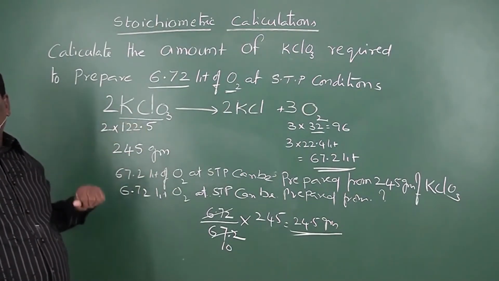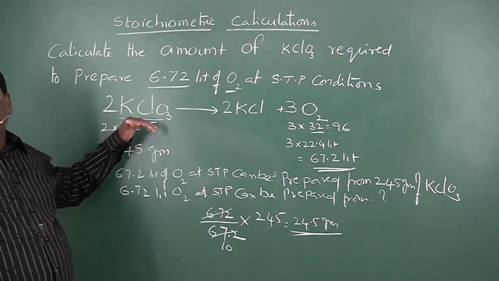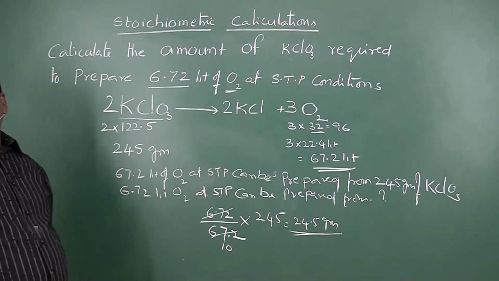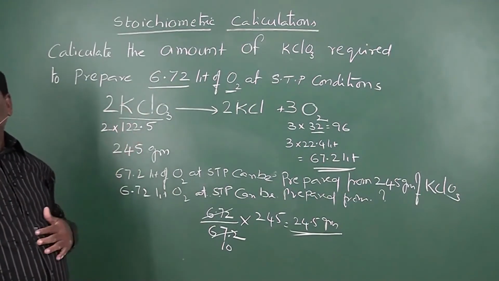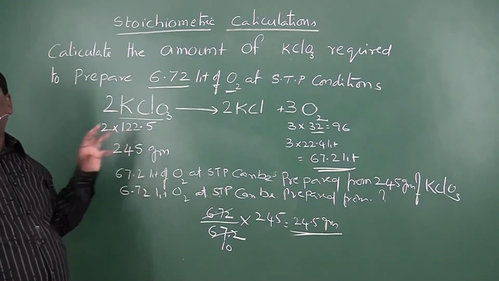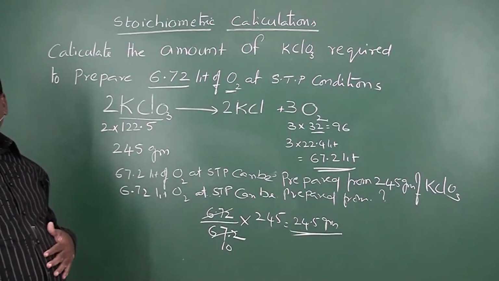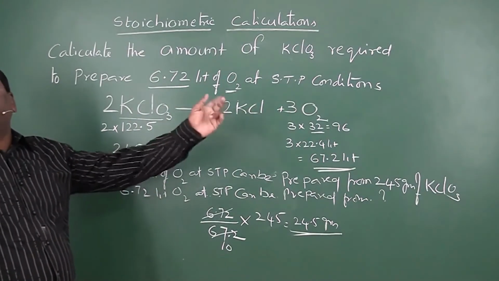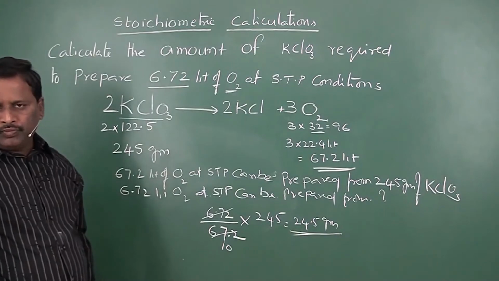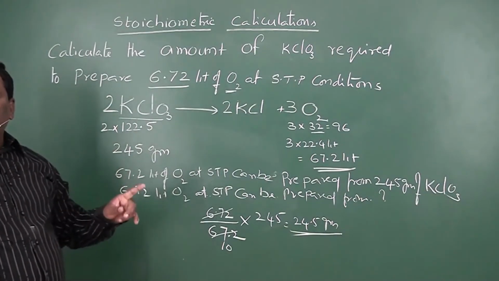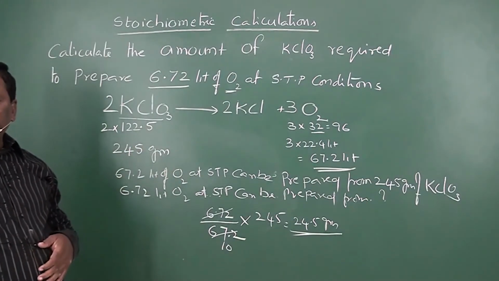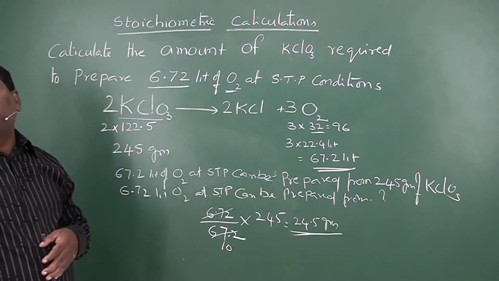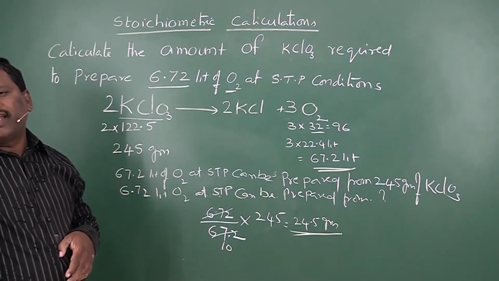Now from this equation, 122.5 is the molecular weight of KClO3. So 2 moles of KClO3, that is 2 into 122.5, 245 units of KClO3, is producing 3 into 32 grams of oxygen. 32 grams means at STP conditions it occupies 22.4 liters. That means 3 into 22.4 liters of O2 gas at STP.